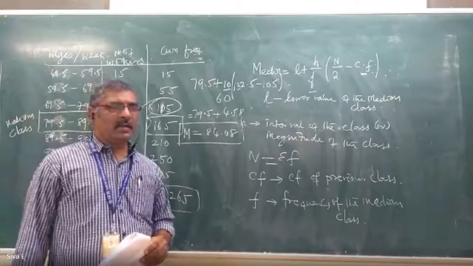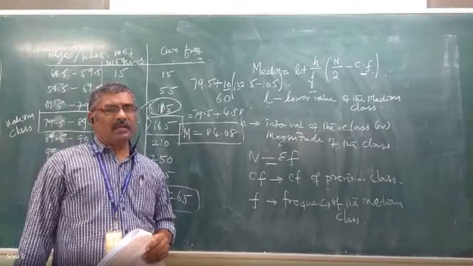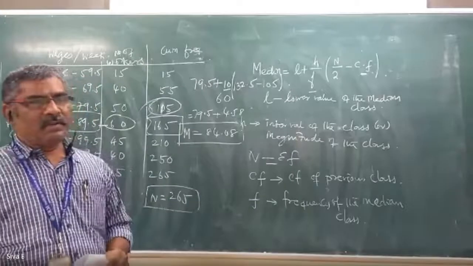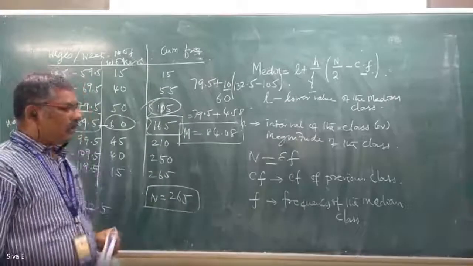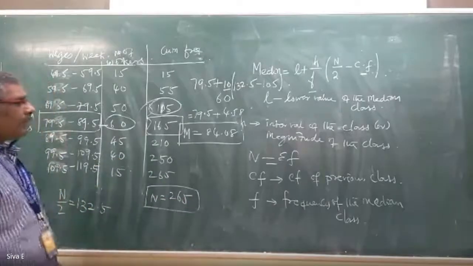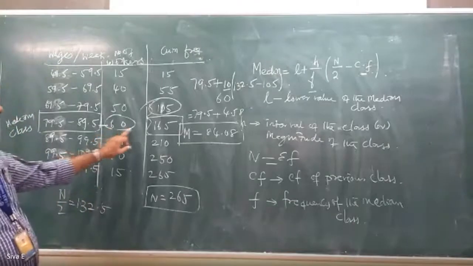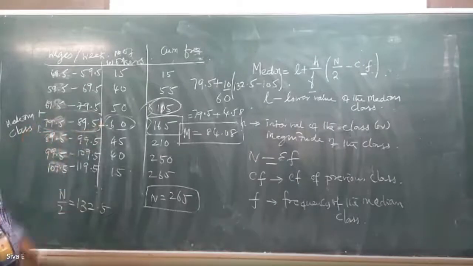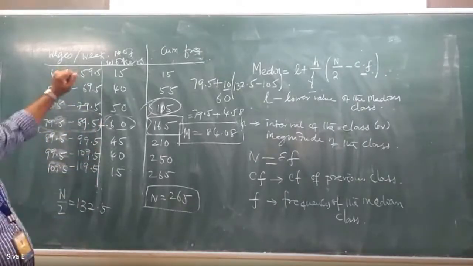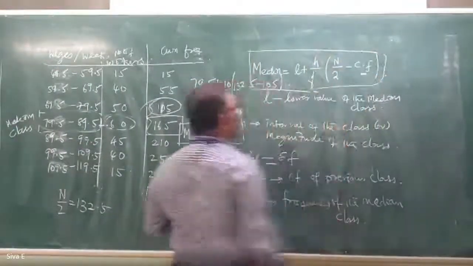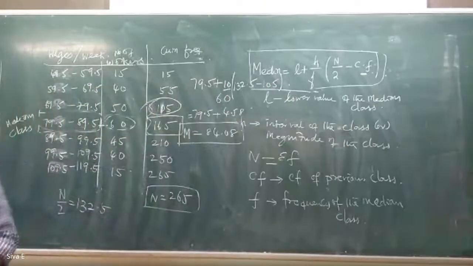Then in the discrete type data, we find the cumulative frequency, then n by 2, and from n by 2 we choose the next highest cumulative frequency item, that is the median. Don't take the frequency as the median, only the variable is the median. Next, for the continuous type data, we use the formula to find the median of the given data.